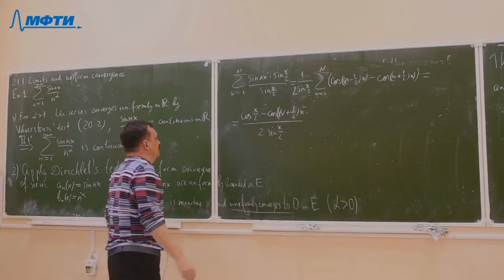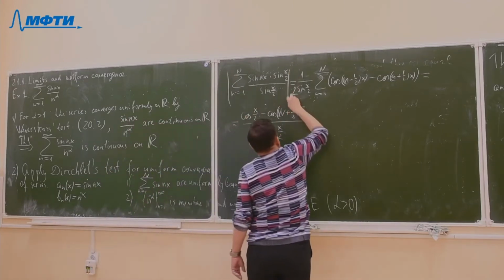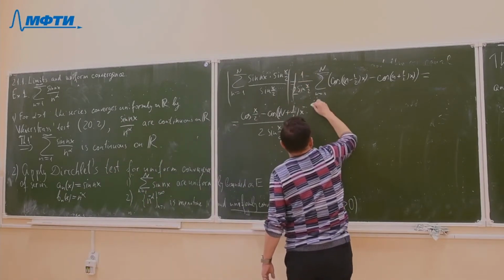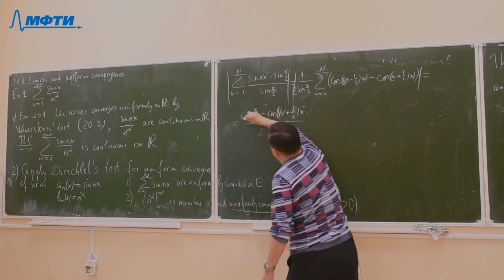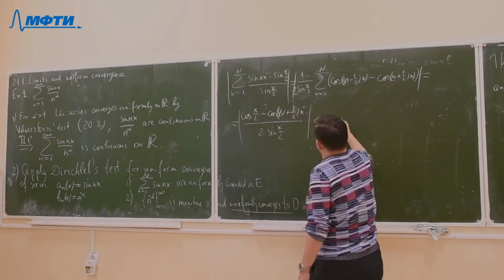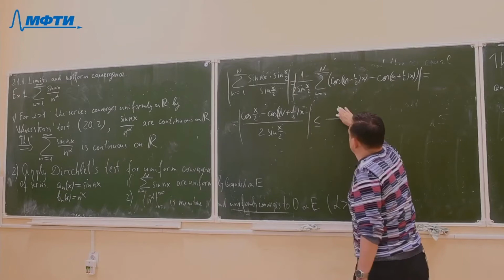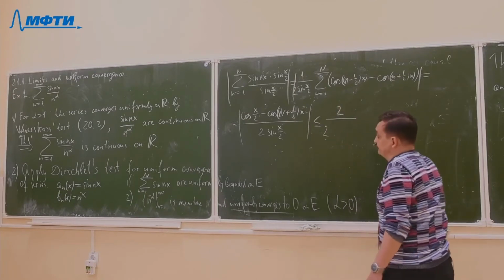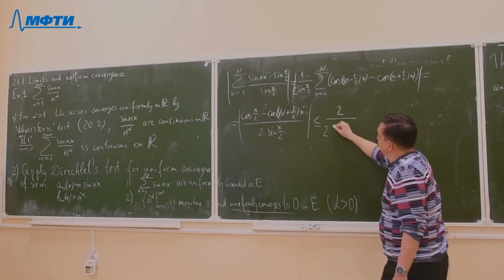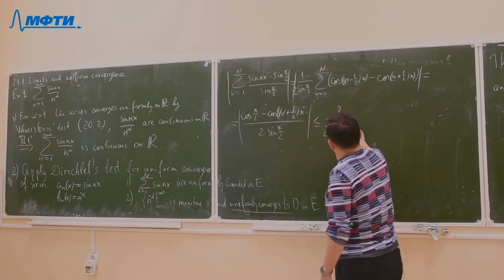And now we can estimate it as follows. So, let's say, it is at most 2 over 2 modulo sine x over 2.